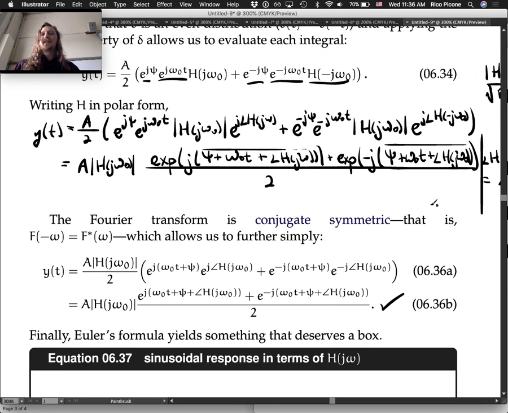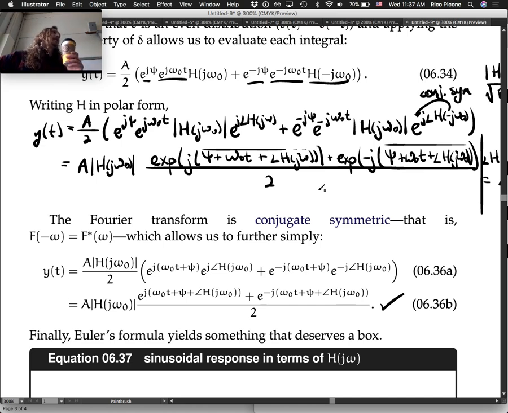Pretty much this identity here where I pulled out the minus sign, that is due to the conjugate symmetry of the Fourier transform. Okay, so you can look that up. That's a hyperlink in the PDF version. Don't try to click it now.